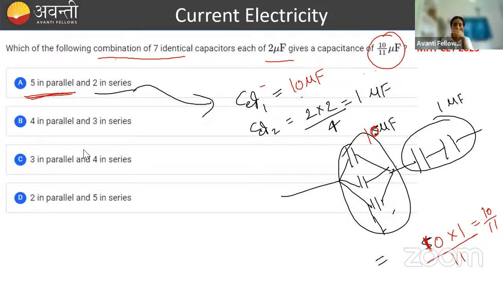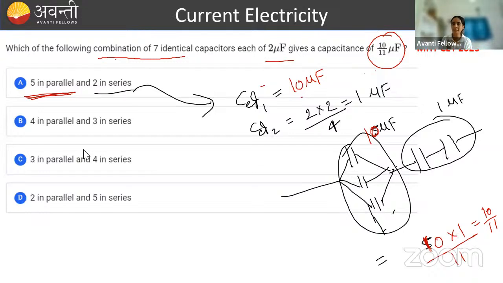You don't need to get confused. If capacitors are in parallel, we add them like in series, the way in series we add resistors: R1 plus R2 plus R3 plus R4. In this way we add capacitors when they are in parallel.